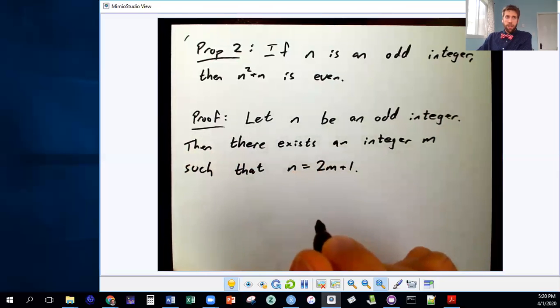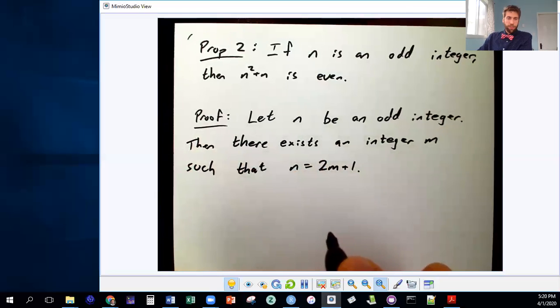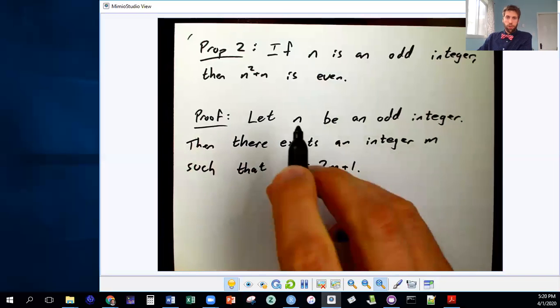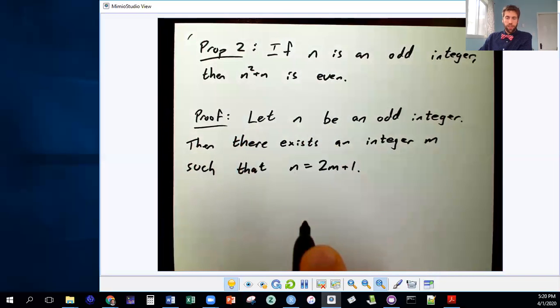Okay. Now, what's the next step? Well, what am I trying to show? I'm trying to show that n squared plus n is even.